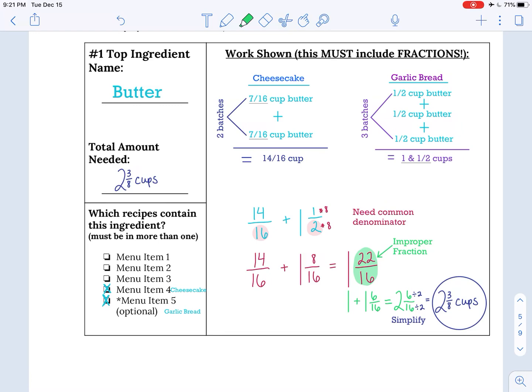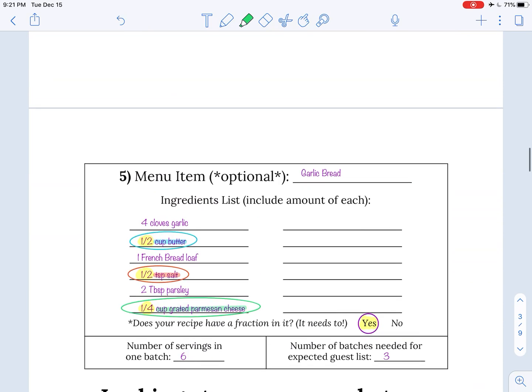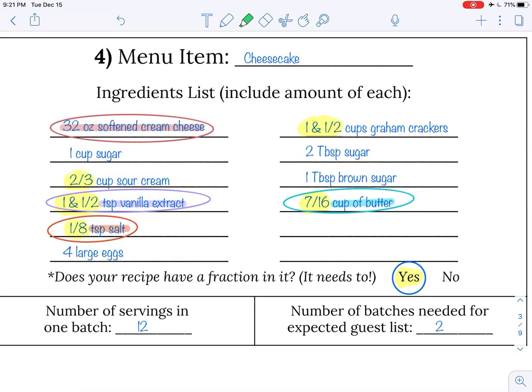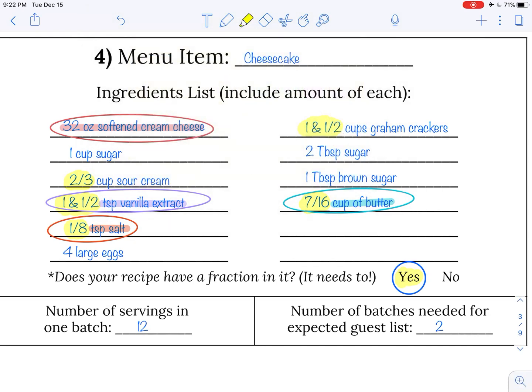So if I scroll up and look at my cheesecake recipe first, a few things you want to make sure you're looking at. For cheesecake, it said that it served 12 people, and I'm having 15 on my guest list. So that means that I have to make 2 batches of cheesecake.